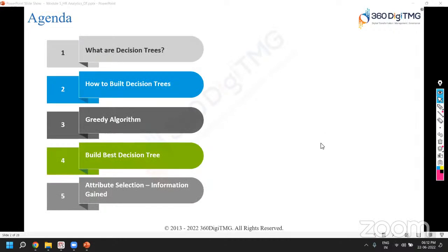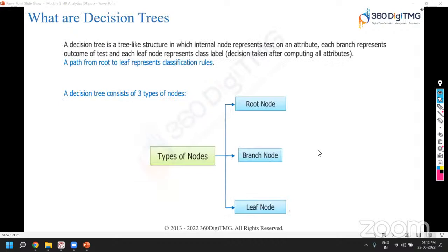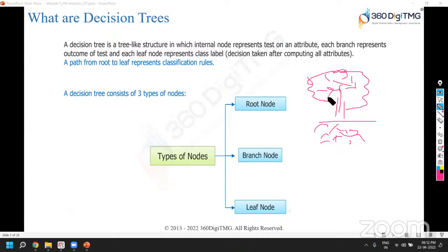So what are decision trees and how do we build them? A decision tree is just like a flow diagram or a flowchart, or you can see it as a regular tree. A tree has roots, it has branches, and at the far end you will see leaves or fruits or flowers, whatever is your interest.